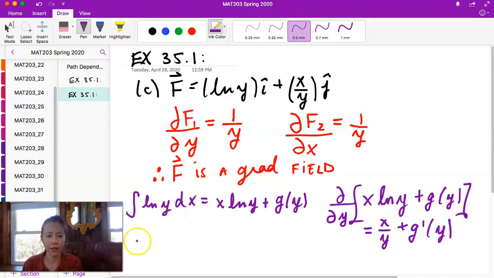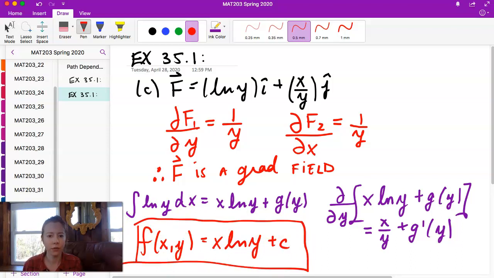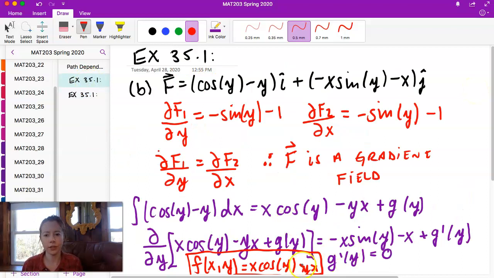That is our full f2, so g prime of y is 0. So our potential function is x times the natural log of y plus whatever constant you want. Of course, there's a constant in there too, or in my case, let's just say my constant is 0.